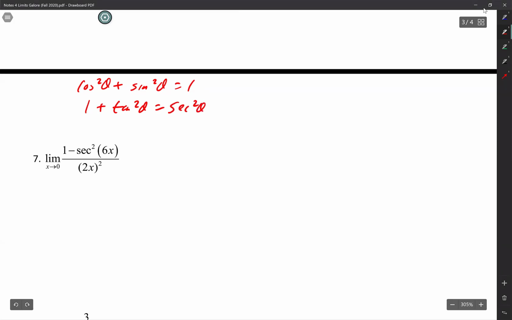And then if I divide everything by sine squared, cosine over sine, that's cotangent. So cotangent squared plus 1 equals 1 over sine squared, cosecant squared. Okay, so we know those three.